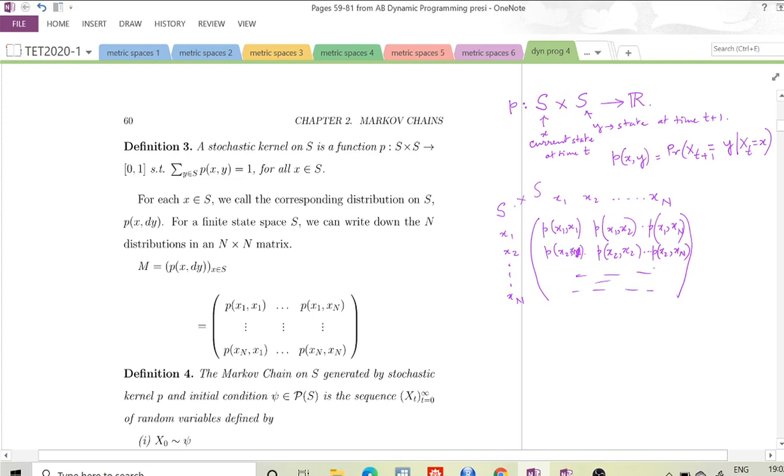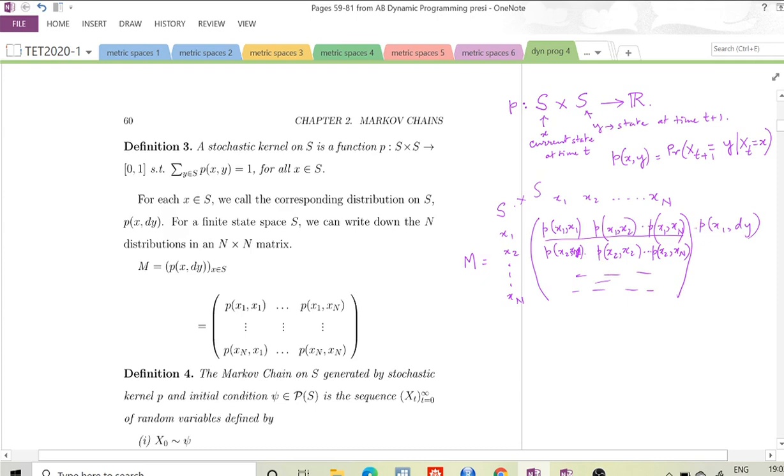So we'll often refer to this matrix as the transition matrix and give it the name M. So it says here, for each x in the state space, we call the corresponding distribution on S p(x, dy). So this row will be called p(x1, dy).